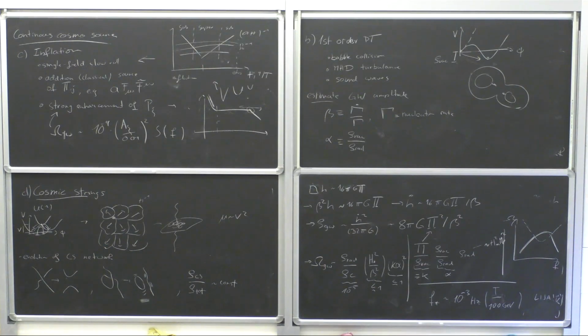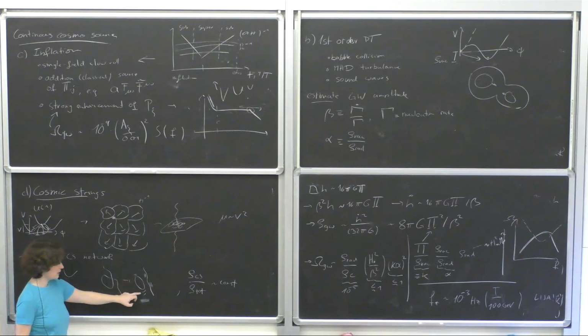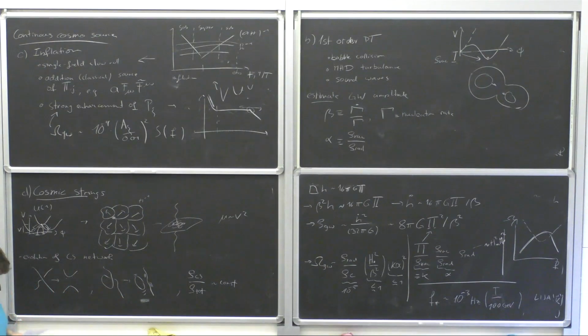So the idea is you form this network, you have initially some equilibration time where you do this sort of gymnastics, but then you reach a steady state solution where you have a constant fraction of the energy density in the universe in cosmic strings. And this is why this is a continuous source. Once you form the network, it's stable, the energy fraction is constant, and it just forever continues to emit gravitational waves through the formation of loops and the oscillation of these loops.